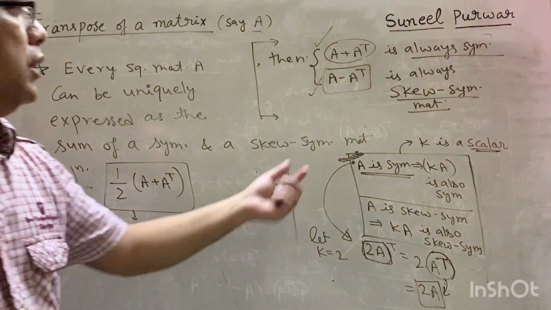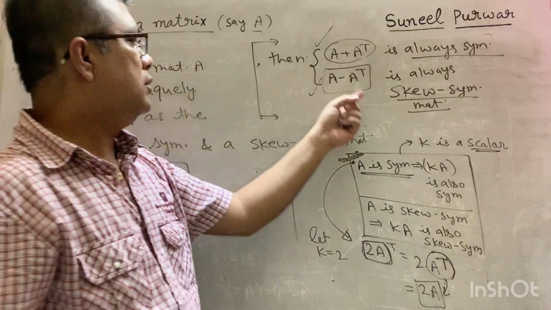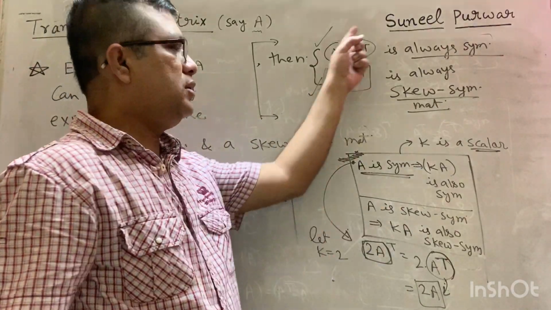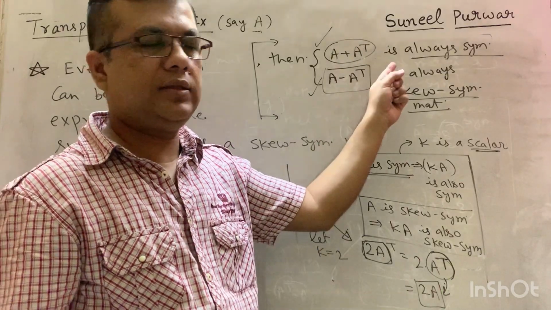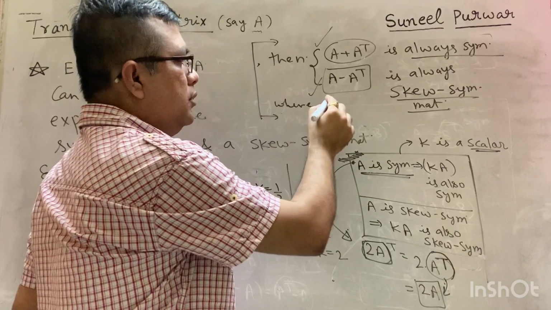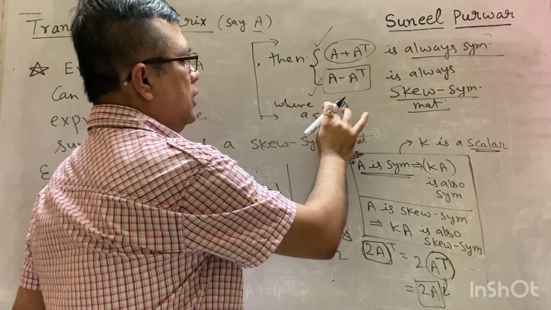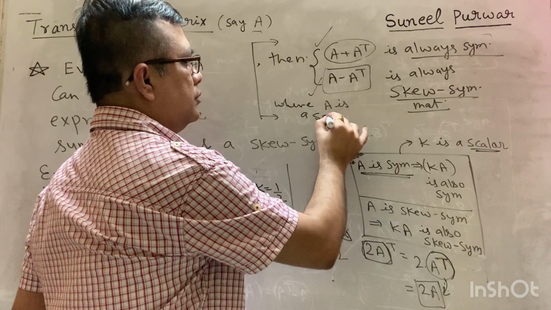ऑन द अदर हैंड ये हमेशा सिमेट्रिक मैट्रिक्स है provided A is what, where A is what, this result was written for what, square matrix A, okay, where A is a square matrix. I had written this thing, remember, where A is a square matrix.